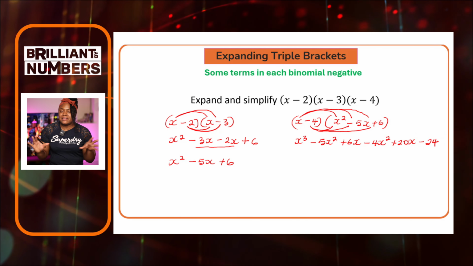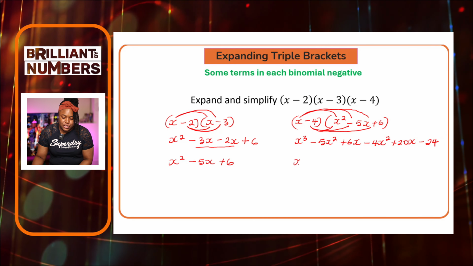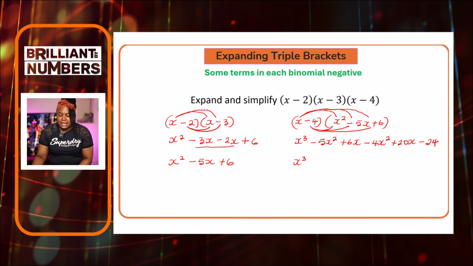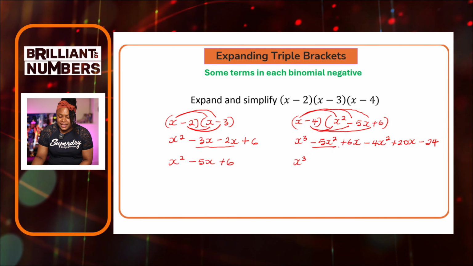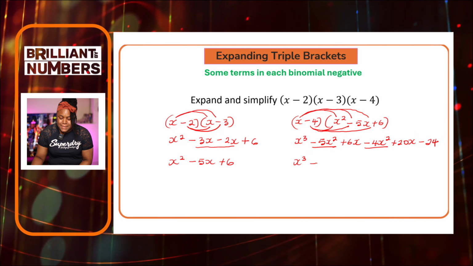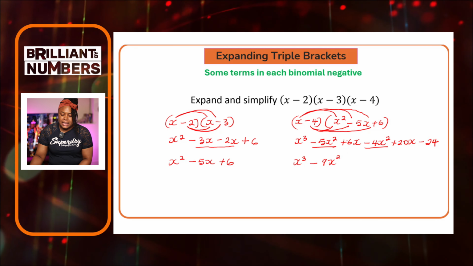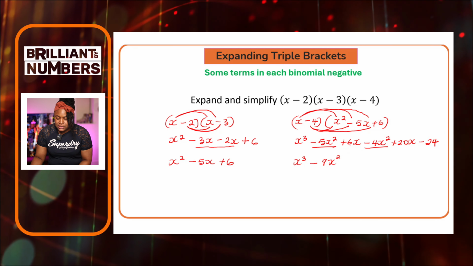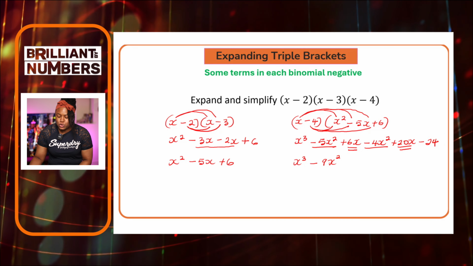Now that I've multiplied them all, we're now going to simplify. I know my x cubed remains the same. Now let's do our squares. So I've got minus 5x squared and minus 4x squared gets me minus 9x squared. Now I need to do my x terms, 2 lines under, so positive 6, positive 20.